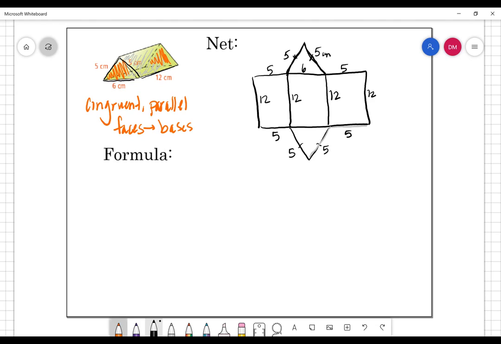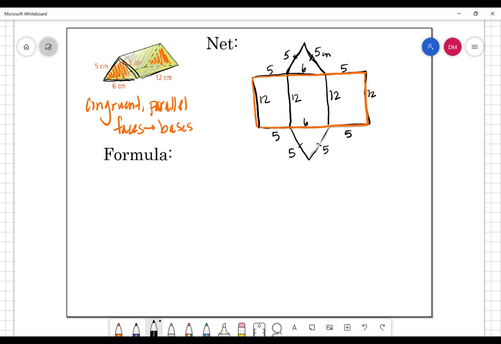Now, in order to generalize to find the formula here, we're going to look at what I called the large rectangular lateral face, which just makes one big rectangle. So instead of finding, like we usually do with a net, the area of each of these individual rectangles, let's just find the area of this entire rectangle. Well, how do I do that? Base times height. What is the base? 5 plus 6 plus 5, which also corresponds to the perimeter of my isosceles triangle here, because that is the piece that wraps around my triangular base.